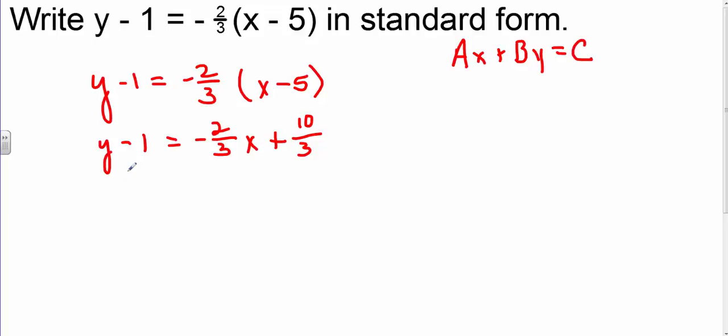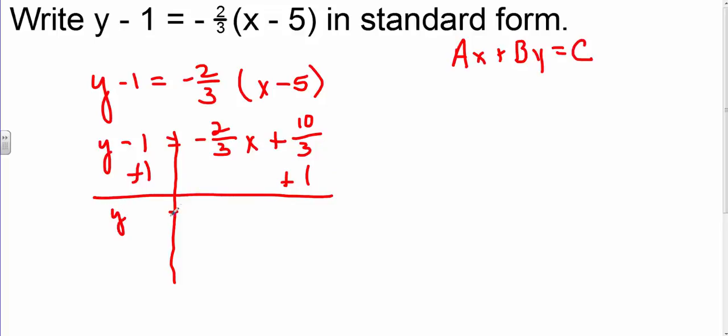So let's move the 1. Plus 1, plus 1. That gives us y equals negative 2/3 x plus, this is 3/3, 1 is 3/3, so 10 and 3 makes 13/3.